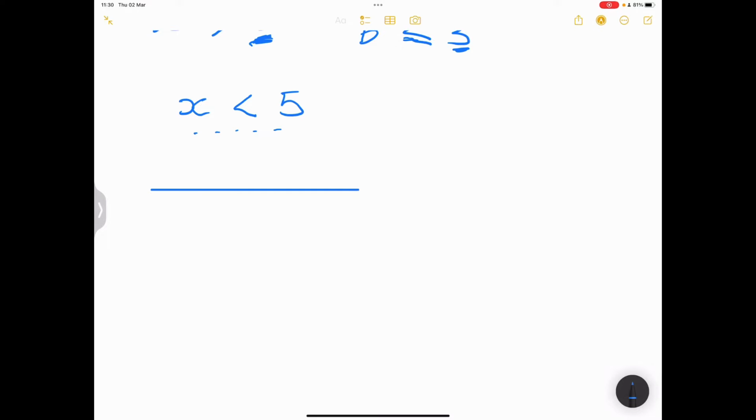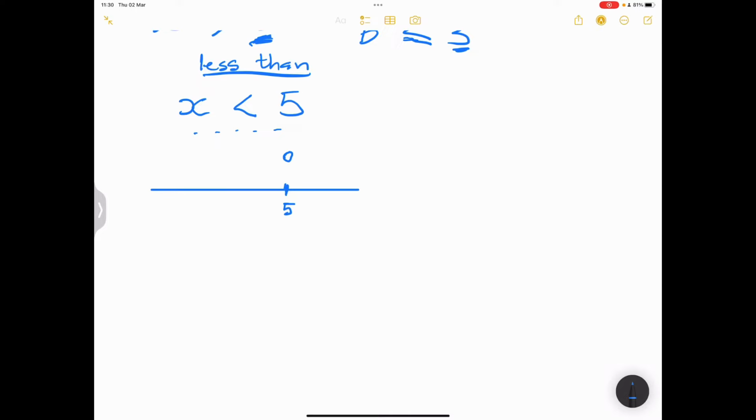If this is the number 5 on our number line, and we say x is less than 5, it means x can be any value less than 5.